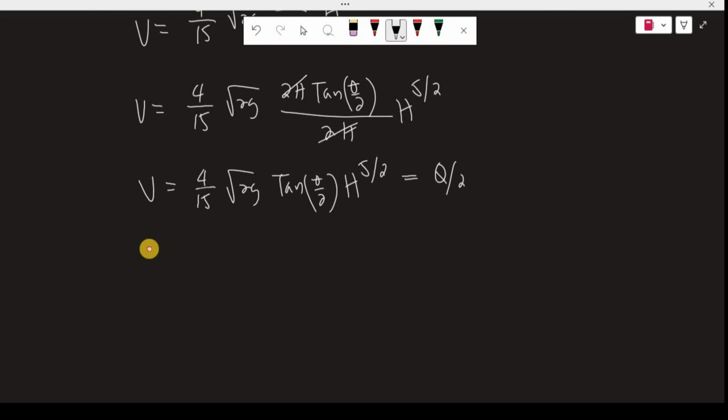So to find the final discharge, we need to multiply this expression by 2. So 2 times 4 over 15 square root of 2g tangent theta over 2 h to the 5 halves.